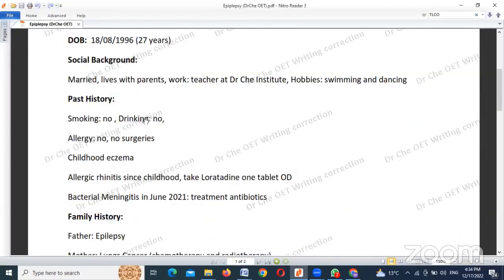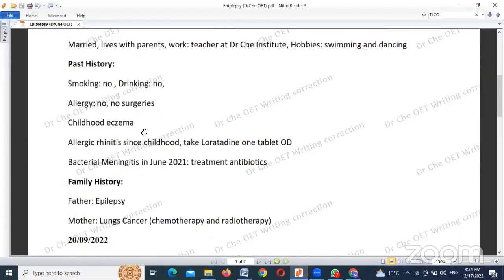Then smoking, no; drinking, no; allergies, no. What about childhood eczema? Should we write it or not? Living with parents, yes, you can write, but according to the situation it's not too important.